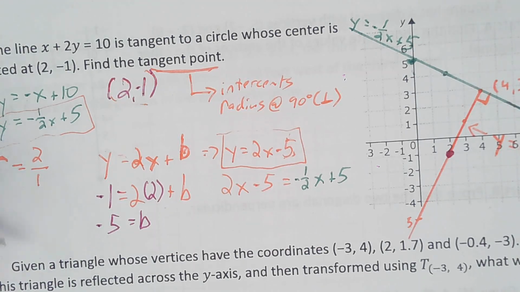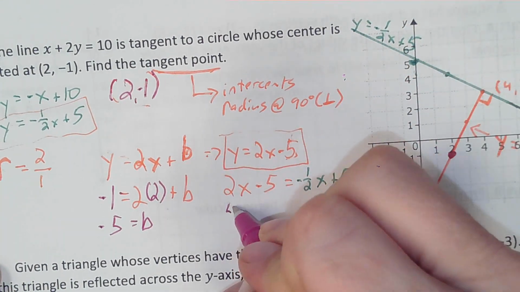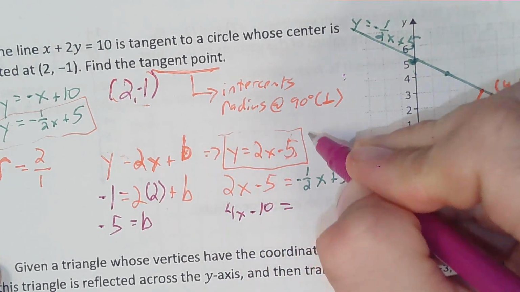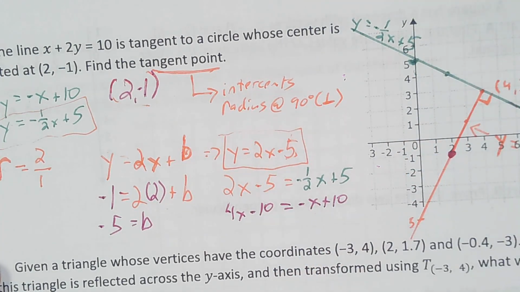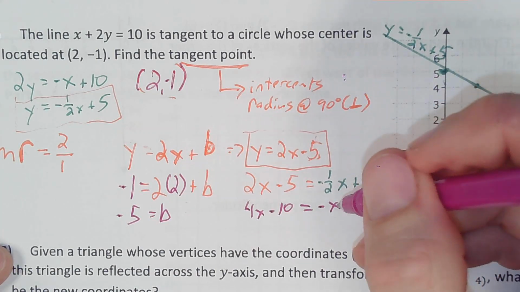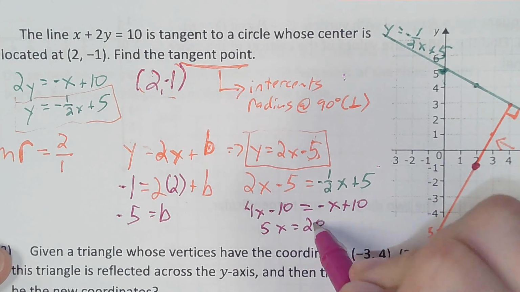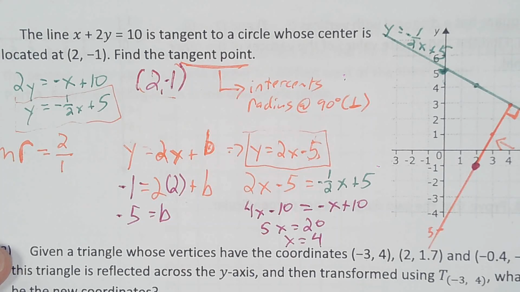Now I'll clear the fractions: it's going to be 4x minus 10 equals negative x plus 10. Now I'm going to bring this over, so 5x equals 20, and then x equals 4.